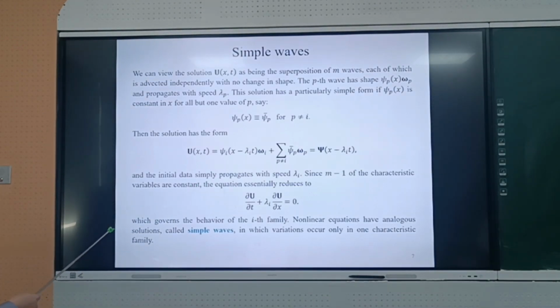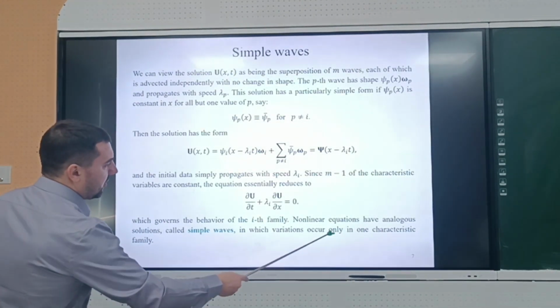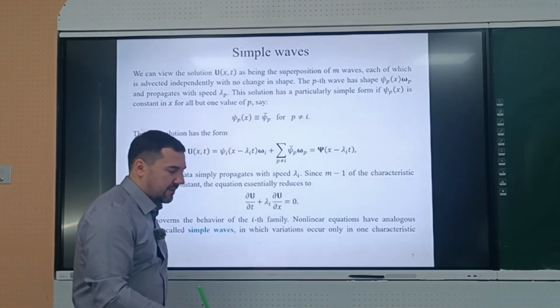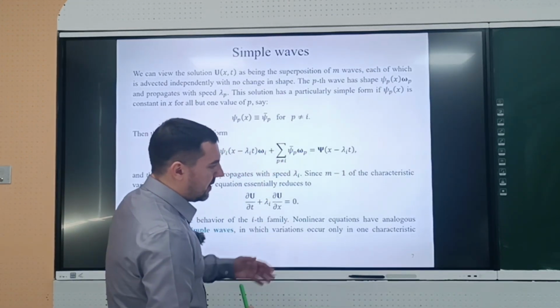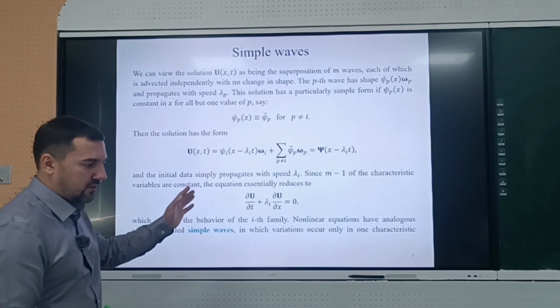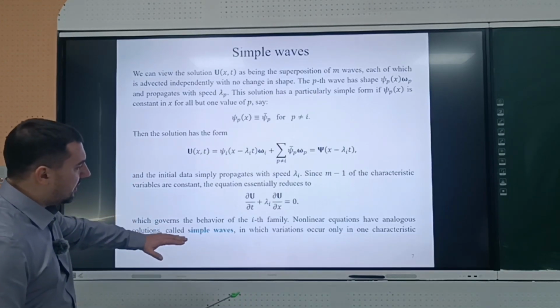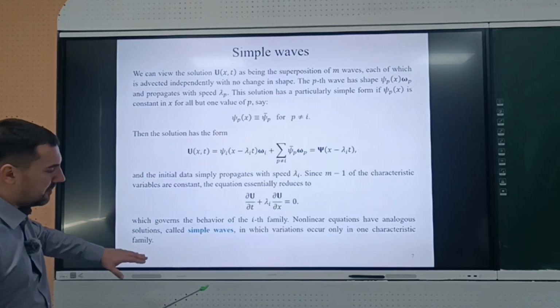Nonlinear equations have analogous solutions called simple waves, in which variations occur only in one characteristic family. This special type of solution corresponds to hyperbolic systems, both linear and nonlinear.